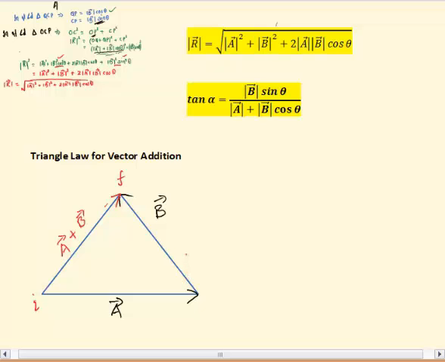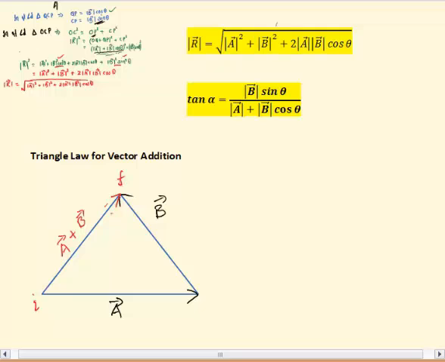The rule is very simple. Suppose you are adding A and B, you start from a point, you go in the direction of A, and where the head of A ends, you start with the tail of vector B and reach a distance proportional to the length of B in the direction of B. Then this will be your final point.